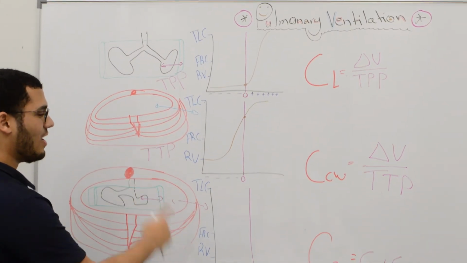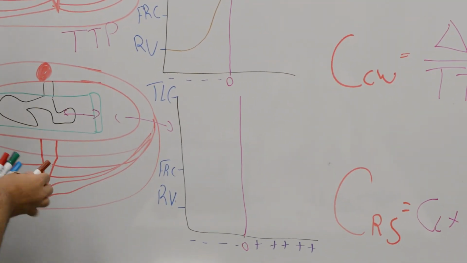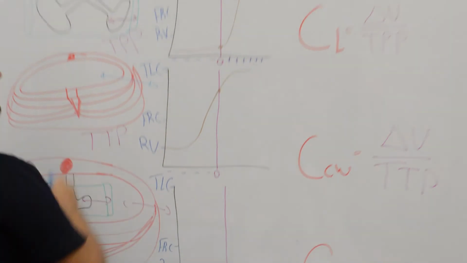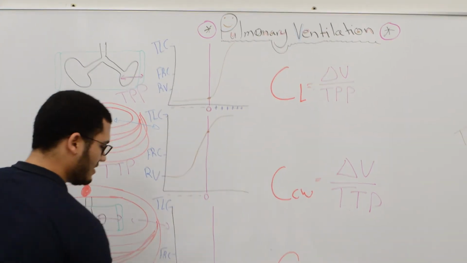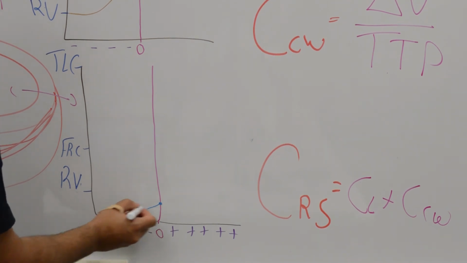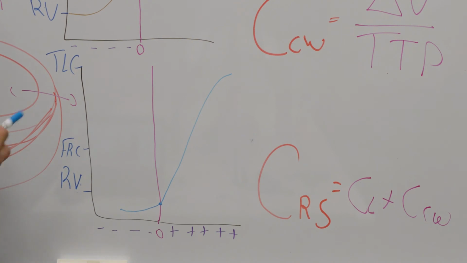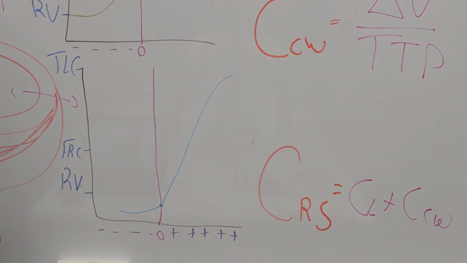But what will happen if you add both? Now let's draw them. The blue will be for the lung graph, so it will be like this. If you do inspiration, it will reach the total lung capacity. The green will be for the chest wall alone.